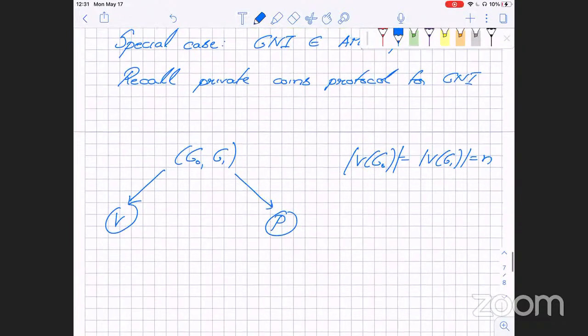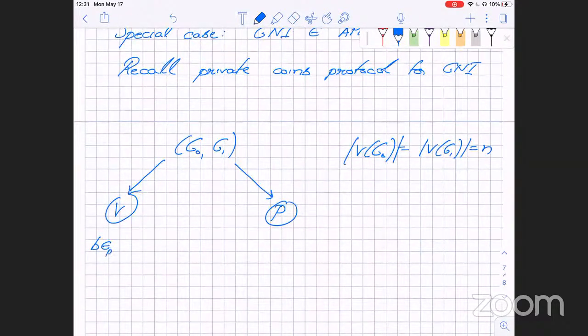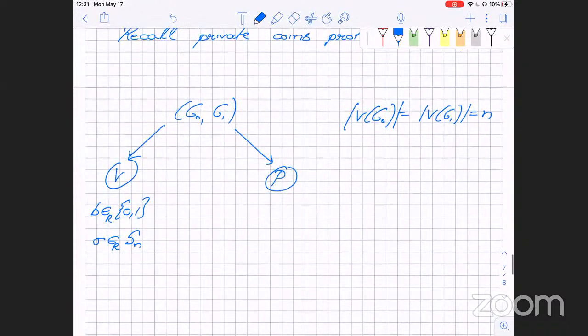And how was this protocol? First, the verifier picked one of the graphs at random, that is, picking a random bit B. Then the verifier picked a random permutation of the n vertices, and sets h to be the graph GB permuted according to this permutation, and sends h across to the prover.